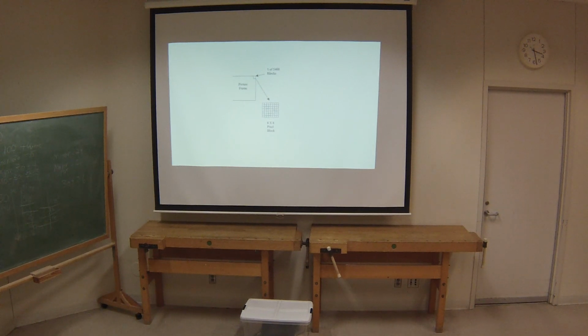Now, that's selective sampling. Once we've sampled it, we're going to AD convert it, and then we're going to take the picture frame, which is converted into numbers at this point, and in the case of a standard definition signal, we're going to break it up into 5,400 blocks, and each block is made up of an 8 by 8 pixel block. Or, in other words, there are 64 pixels in this block here.